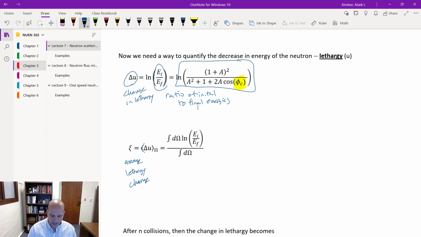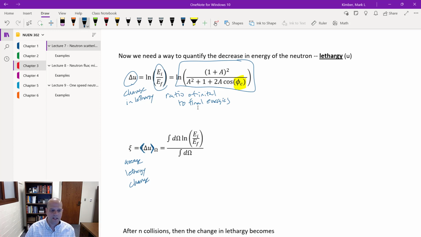And so these brackets here represent an average. I'm taking the average of that, meaning I could consider this angle, I could consider that angle, and I'd get a different value for that delta u, for the change in lethargy. But if I do that experiment a large number of times, I'm going to get all these lethargy values, and they're going to be different.